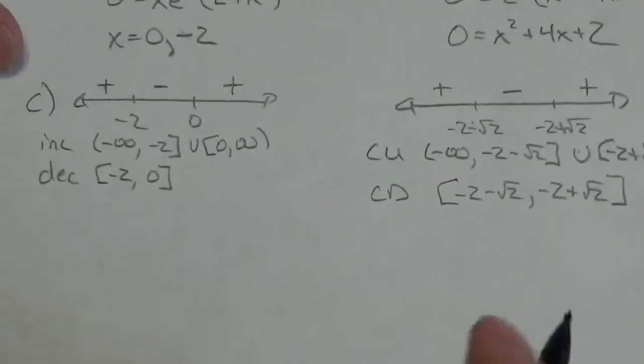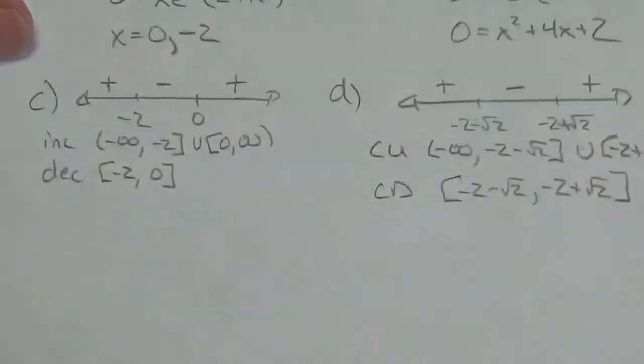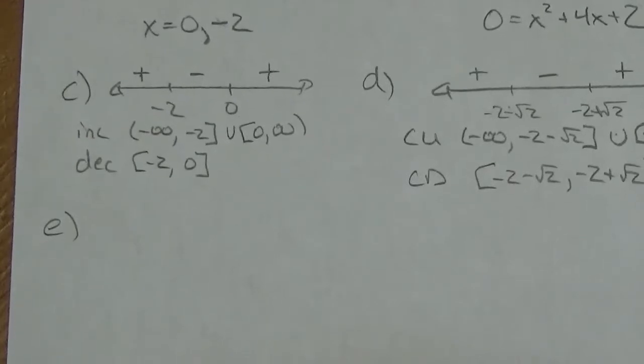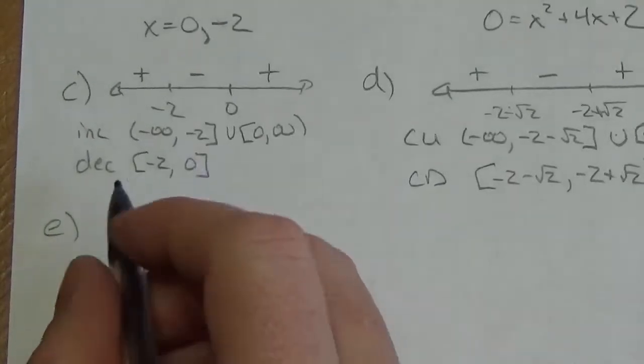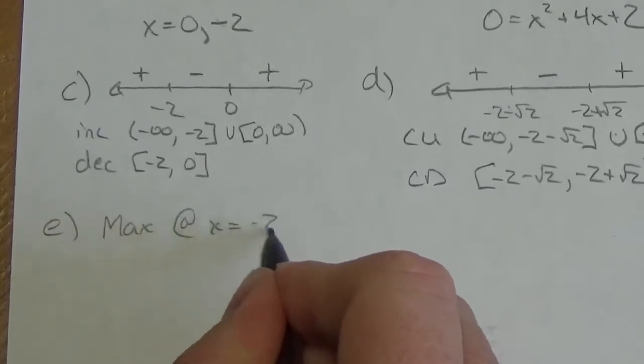The next part was to find, that was D, I suppose, the exact coordinates of our maxima and minima. So we have a max at x equals negative 2.